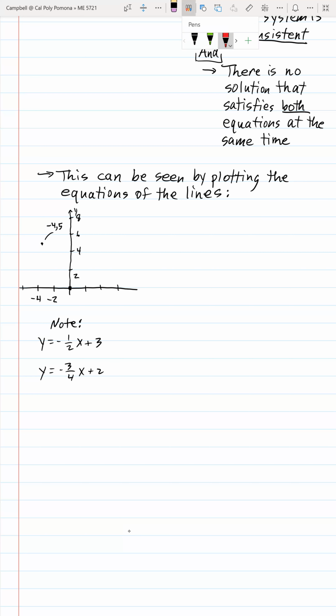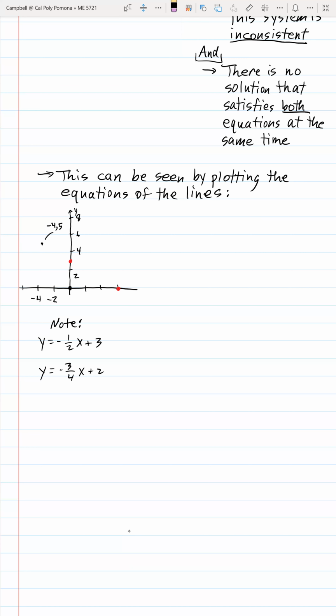That means that we go over 2 and we drop 1. We go over 2 more, we drop one more. And so, of course, we would cross here at 3. That would be our y-intercept. Go down 1 over 2, down 1 over 2, down 1 over 2.